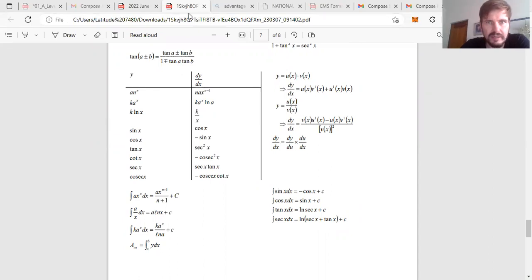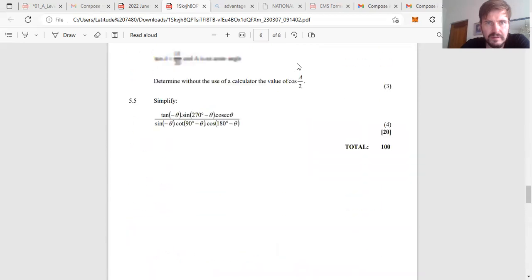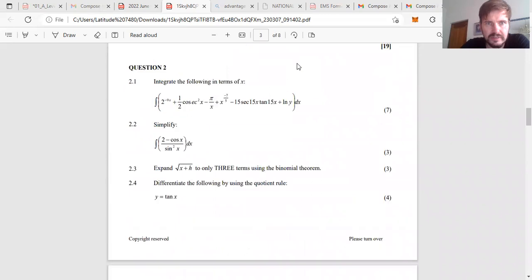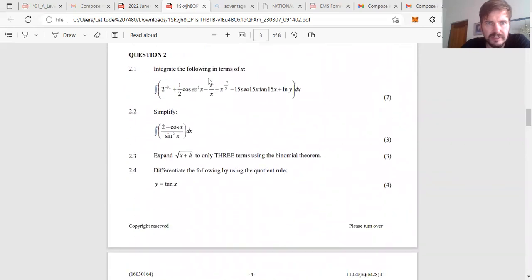We were looking at this one, and we're at pi over x. We've done these ones, so I'm not going to do those.